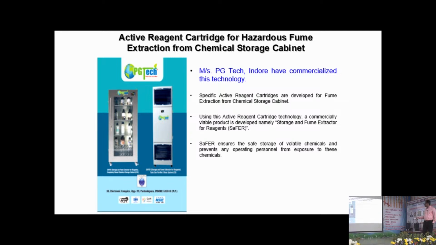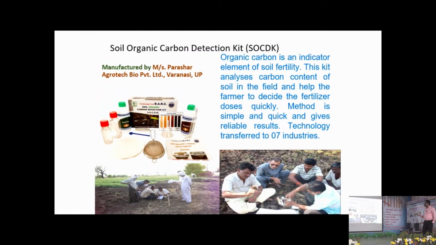When they sell, they put the BRC logo and mention that this technology has been developed in collaboration with BRC. The soil organic carbon kit also is a very popular technology where people need not go to the lab to see the soil carbon content. It's a small kit where the reagents are available, and you can do it right at the farm and find out the carbon content and decide what fertilizers are required.